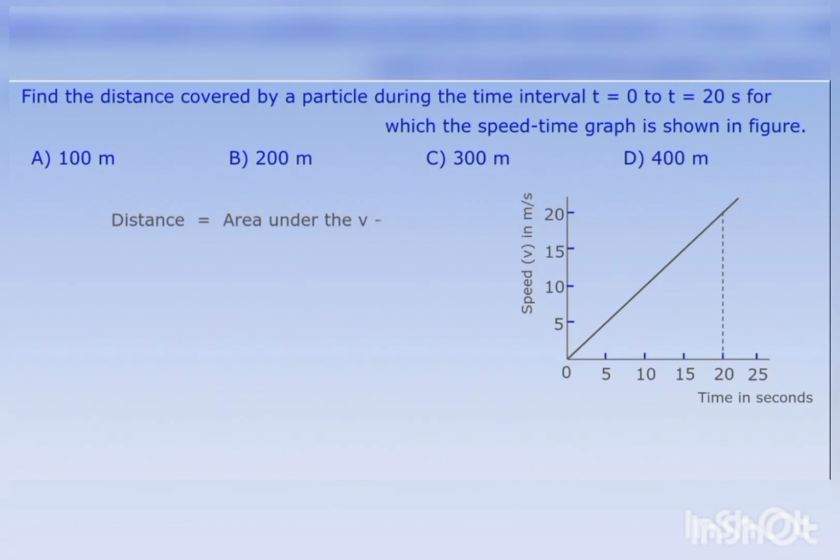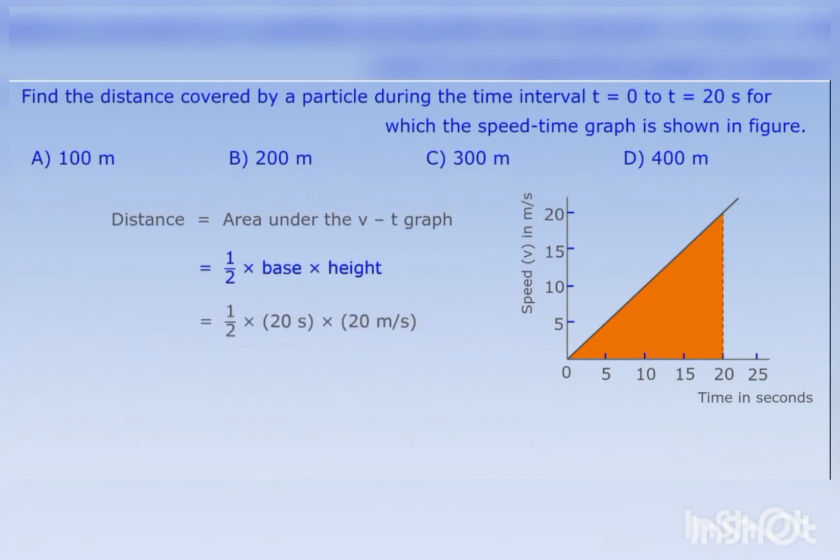So the distance is equal to area under the VT graph, which is 1 upon 2 base into height. Base is time and height is velocity, that is equal to 1 upon 2 into 20 second into 20 meter per second. This is equal to 200 meter. So option B is correct.